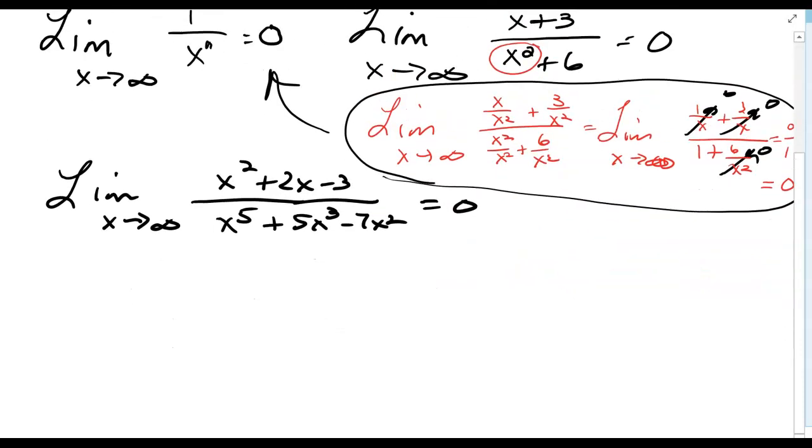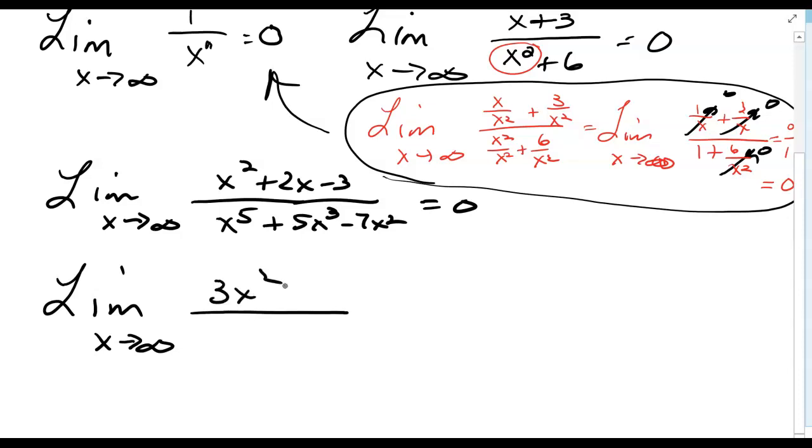In the same vein, suppose you had the limit as x goes to infinity with the same exponent, 2x squared plus 3, all over x squared. Again, you'd divide everything by that x squared term.